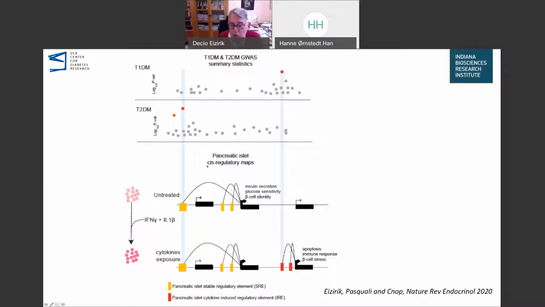So this will help transcription factors to bind, and in this case they are binding to regions regulating apoptosis, immune response, and beta cell stress. So this suggests that if you want to do eQTL for candidate genes for type 1, most probably you cannot do it in the basal condition. You need to do it with stimulated beta cells.